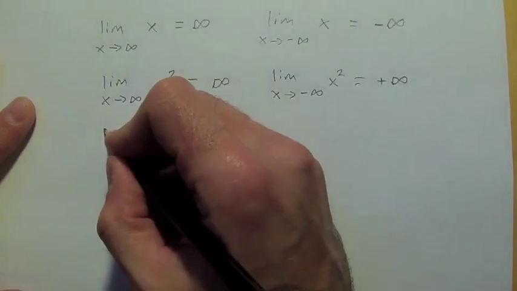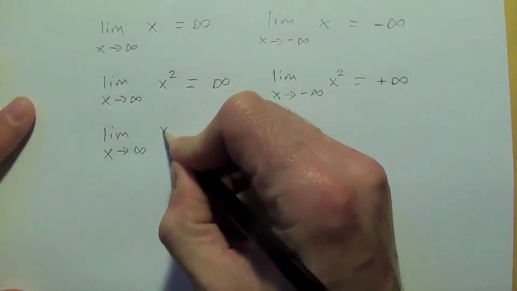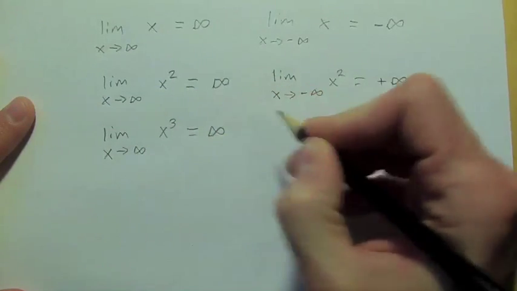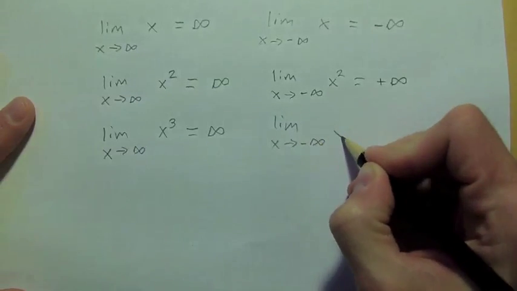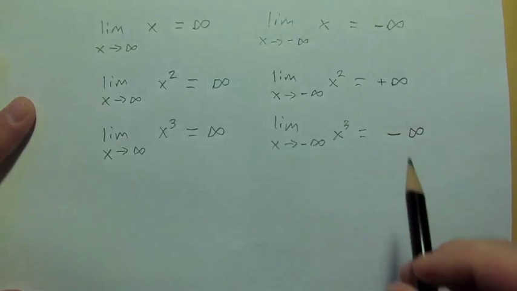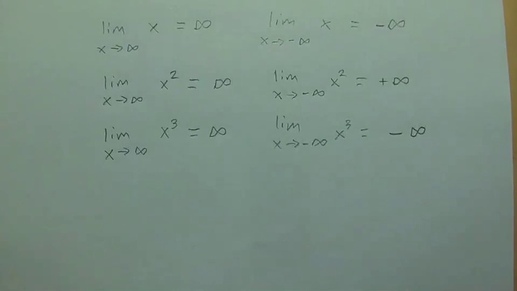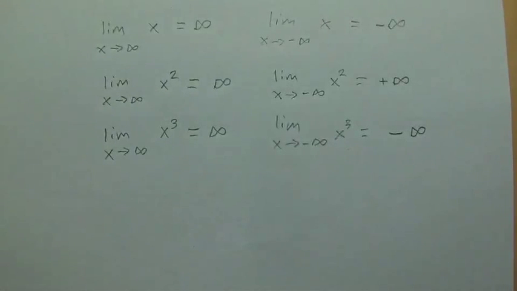And then we can keep this going. The limit as x goes to infinity of x cubed is infinity, whereas the limit as x goes to negative infinity of x cubed is negative infinity, since the negatives will be preserved with our x cubed term.